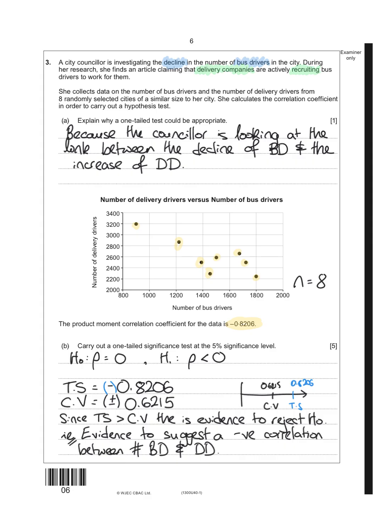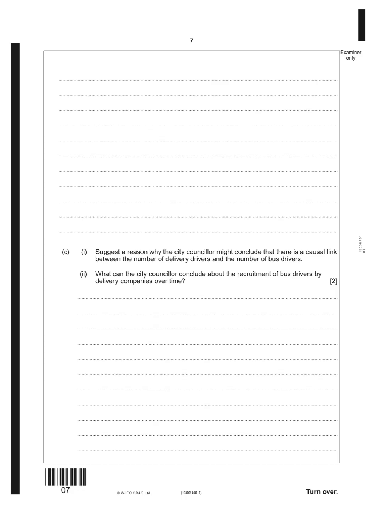Okay, moving on. Okay, part C. Why might she conclude that there's a causal link between them? Yeah, I think my answer here would be, if you're thinking about a council or a city or a village or a town or something like that, you've got a finite number of people who are going to be doing that kind of job, because some people won't be able to do it.